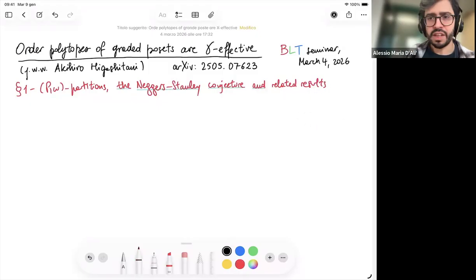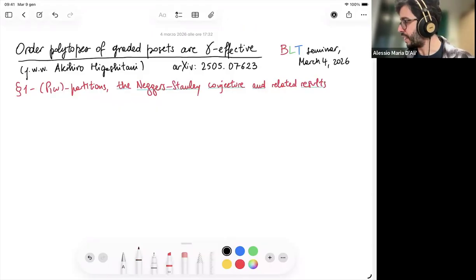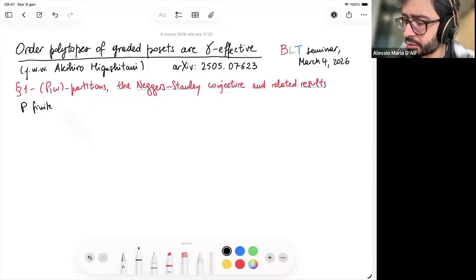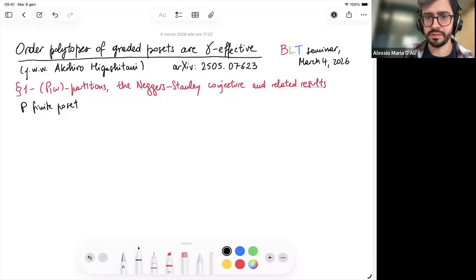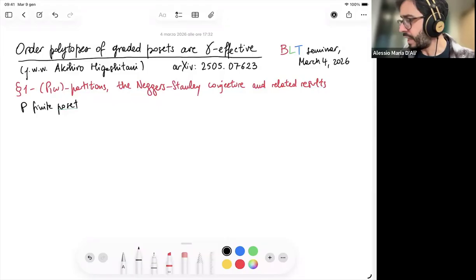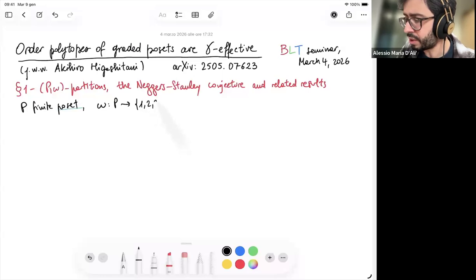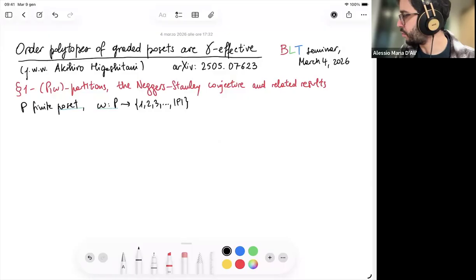And so let's begin and see what a P-omega partition is. Well, first of all, P is going to be a finite poset here and in the rest of the talk. And then omega is going to be just a labeling of the vertices of the poset by numbers from 1 to p. So it's a vertex labeling.